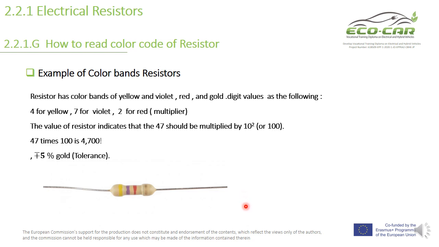So this is multiplied by 100. So the value is 47 multiplied by 100, so the value is 4700 ohms, and gold means the tolerance is plus minus 5%. So the value is 4700 ohm or 4.7 kilo ohm.